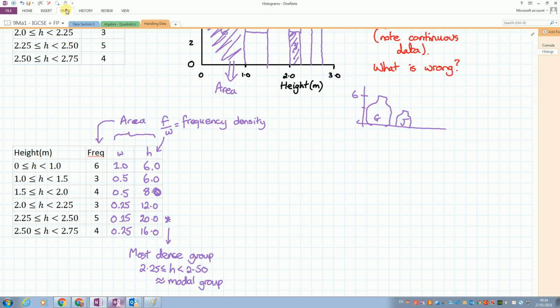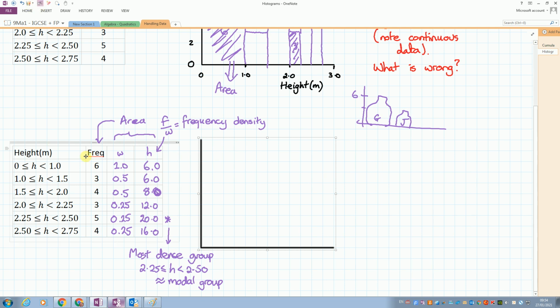So I need to do a set of axes that go from 0 to 3, and I need 20 up. That's how big I need my axes. So I'm just going to move my bit of text over so it's out of the way.